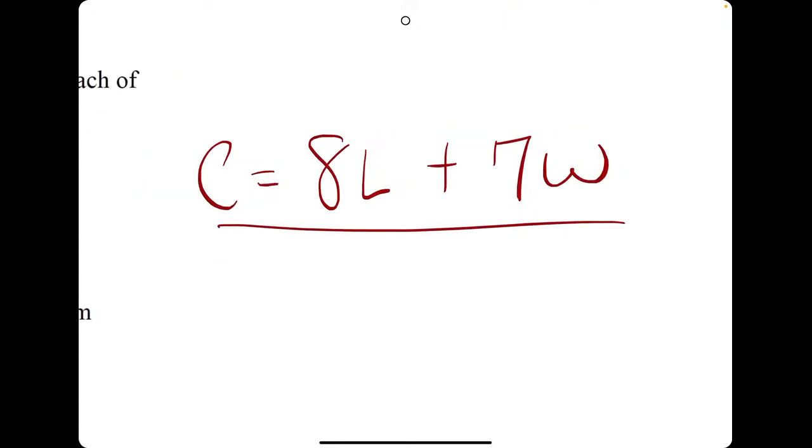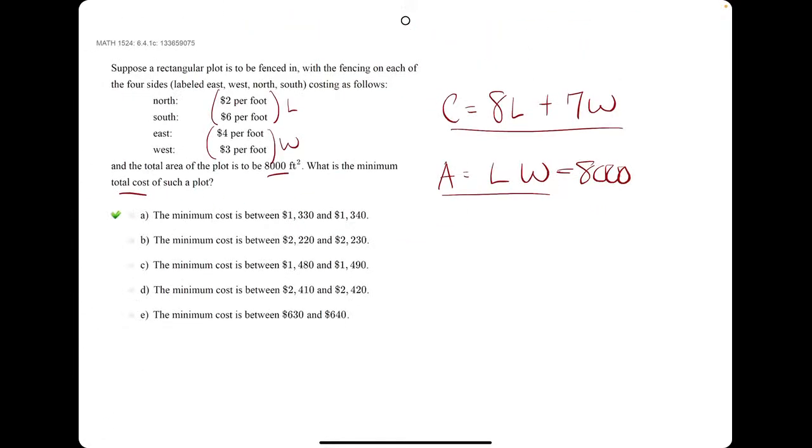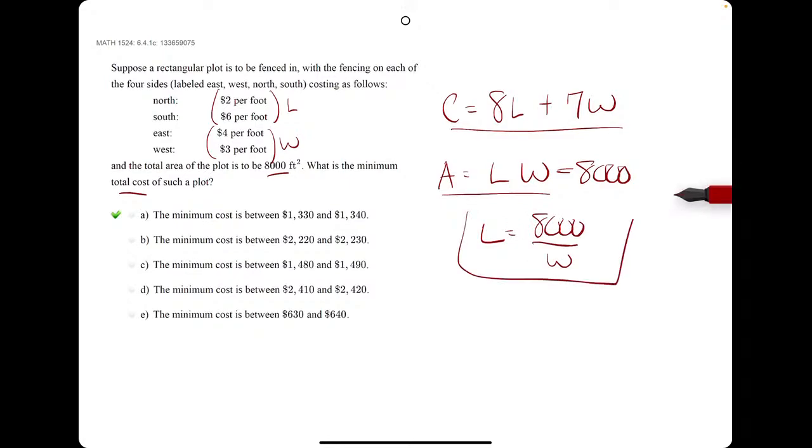This is the equation we want to find the minimum of, but we can't do that till we have everything in terms of one variable. And we will always use area is length times width. And they tell us that the area now is 8,000. So we set the area equal to 8,000 and solve for L using that. And so now we get L is equal to 8,000 over W.